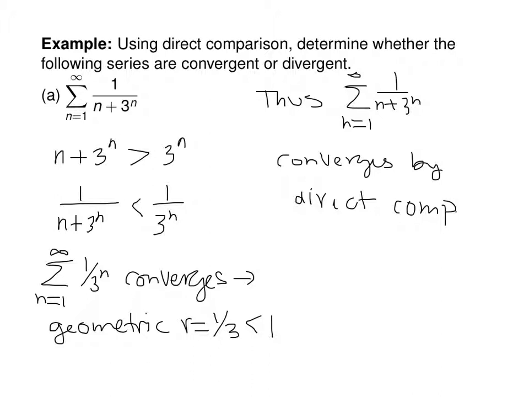So if you have a series with terms smaller than a known series that converges, then your series must also converge.